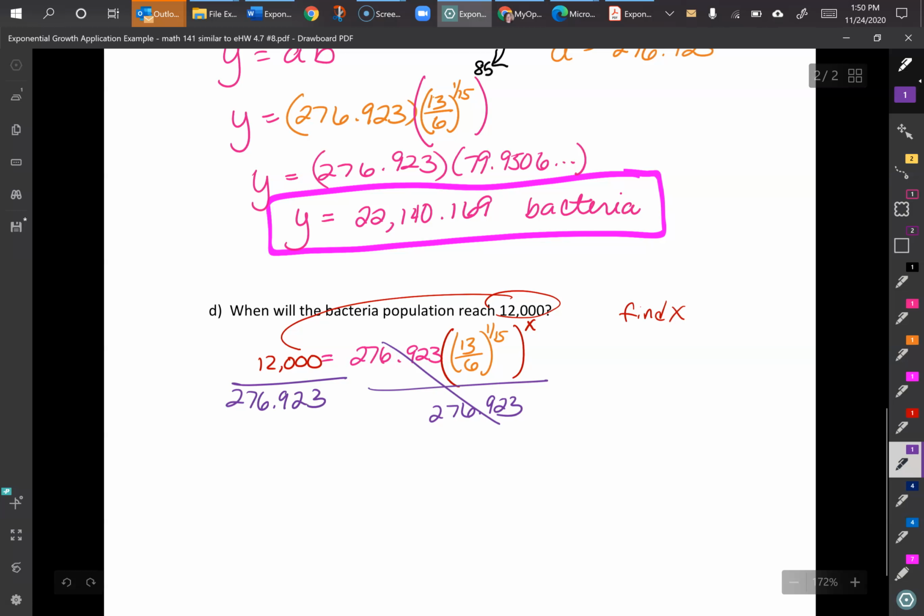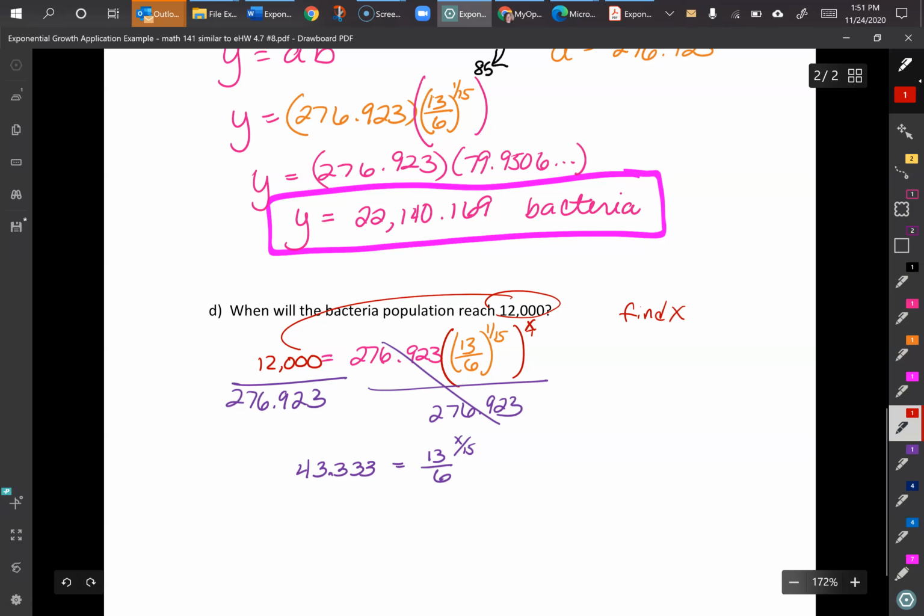Okay, and so on the left hand side I am going to round that just to make it look a little cleaner. 43.333, and that will equal 13 over 6 to the x over 15. So remember, this is like x over 1.